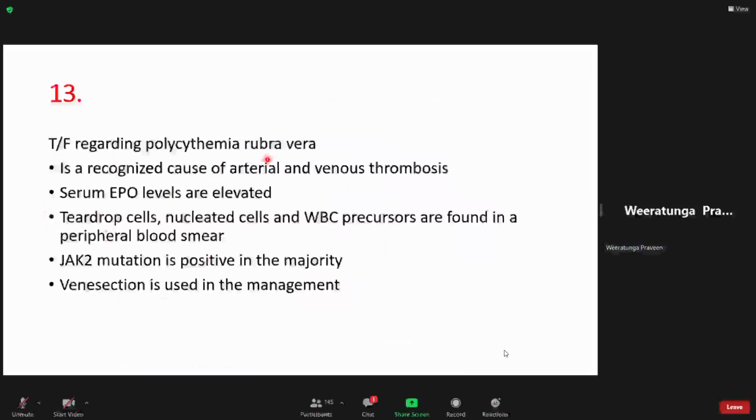When there is increased red cell mass, there is thrombosis because of the hyperviscosity, right? Another unusual symptom is itching after a bath, with no particular reason that I know of. Splenomegaly, yes, any myeloproliferative disorder can cause splenomegaly, right? And serum erythropoietin is low, and teardrop cells are in myelofibrosis.